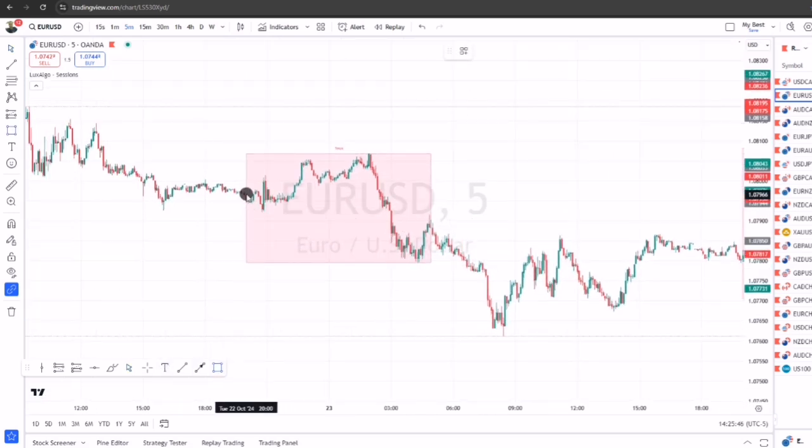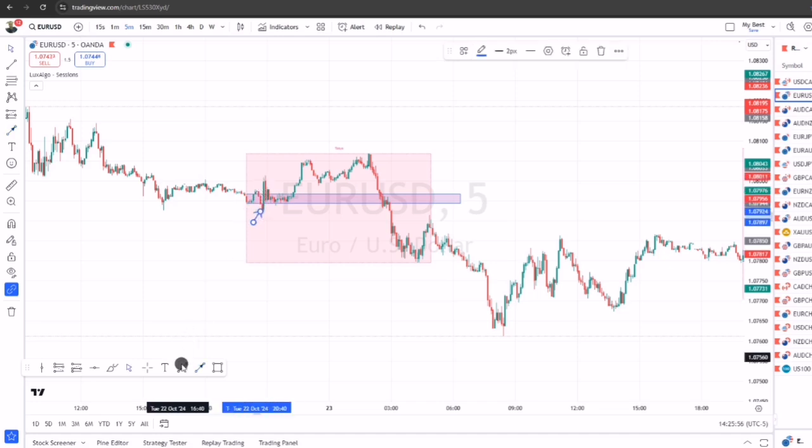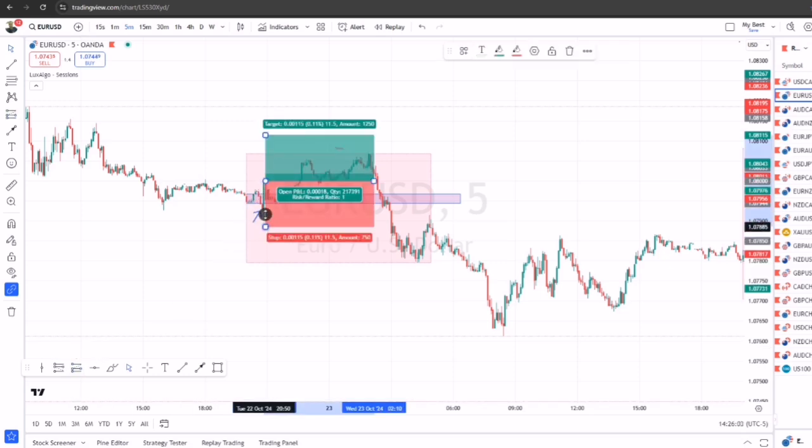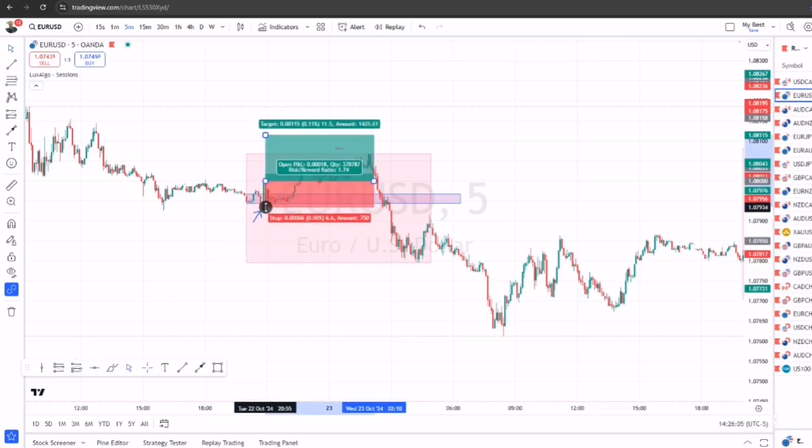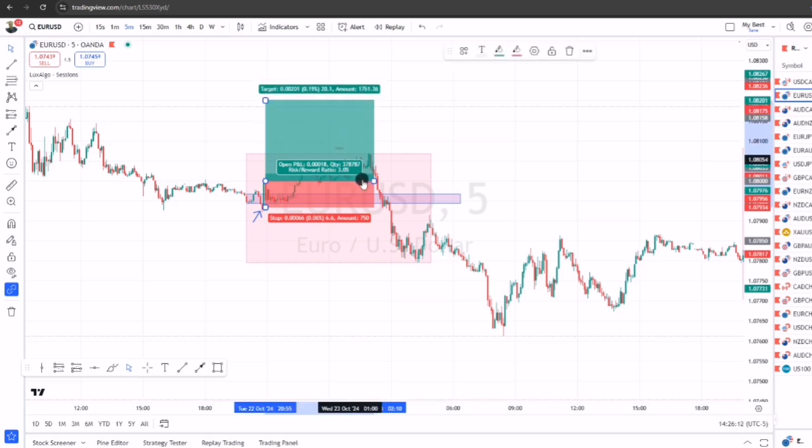So here what happened, price closed below, you sell, it takes you out, and then you buy there. After buying there, you put your stop loss there, you target a 1 to 3, okay.